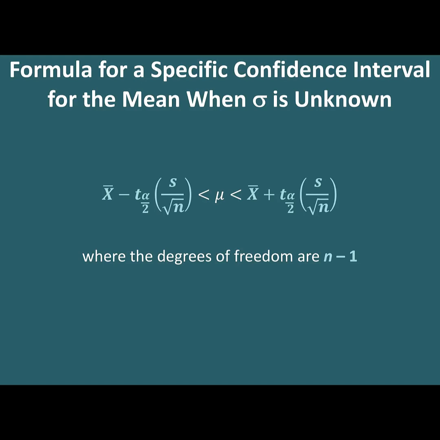Once you find the critical value, you will then be asked to plug it into this compound inequality. The idea behind this compound inequality is to ensure that our mean is somewhere in this interval, by whatever confidence level you establish. Again, keep in mind the degrees of freedom are n minus 1.